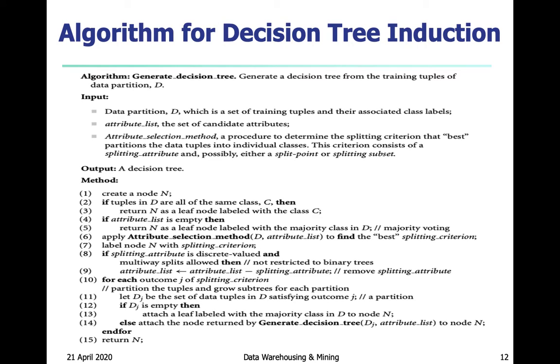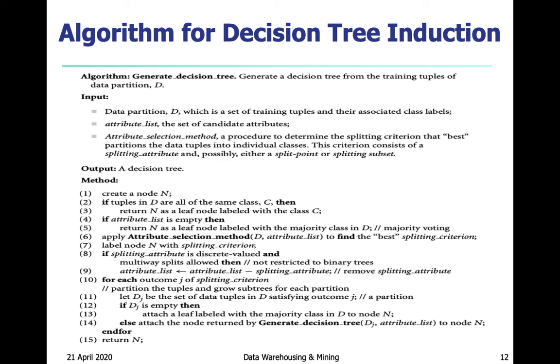The recursive partitioning stops only when any of the following termination conditions is true. What are the termination conditions? One, all the tuples in partition D belong to the same class, then it can terminate. Two, there are no remaining attributes on which the tuples may be further partitioned. In this case, majority voting is employed, as already given in step 5.